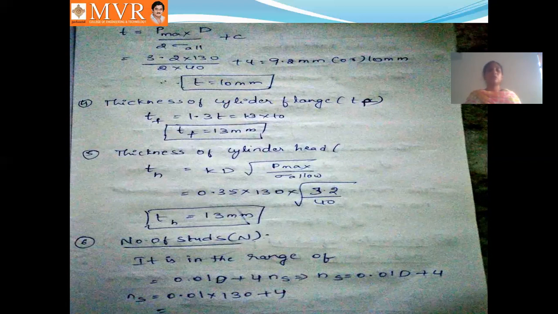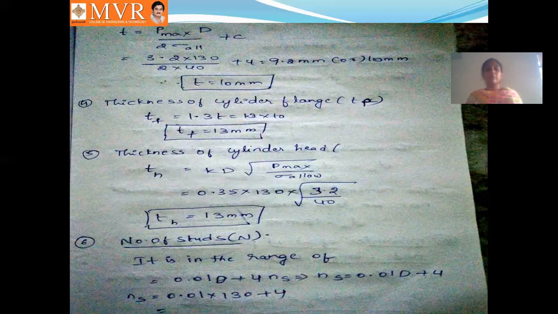Next, thickness of cylinder head. The cylinder head is the topmost portion of the cylinder. The thickness of the cylinder head is termed TH. TH is equal to K D root of P max by sigma allowable, that is, maximum pressure by allowable stress.